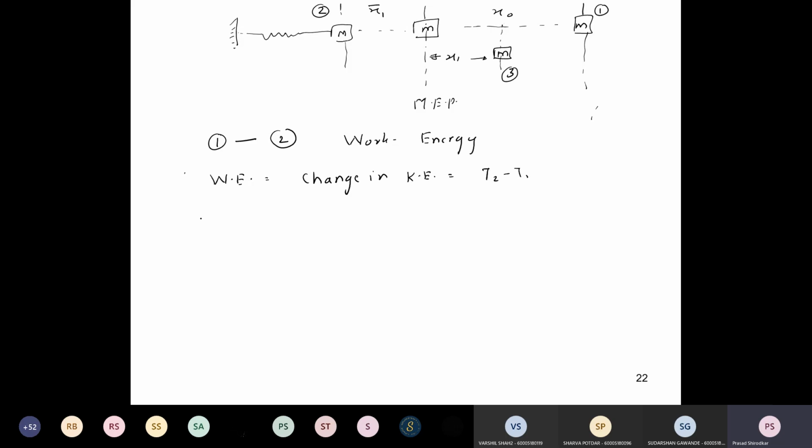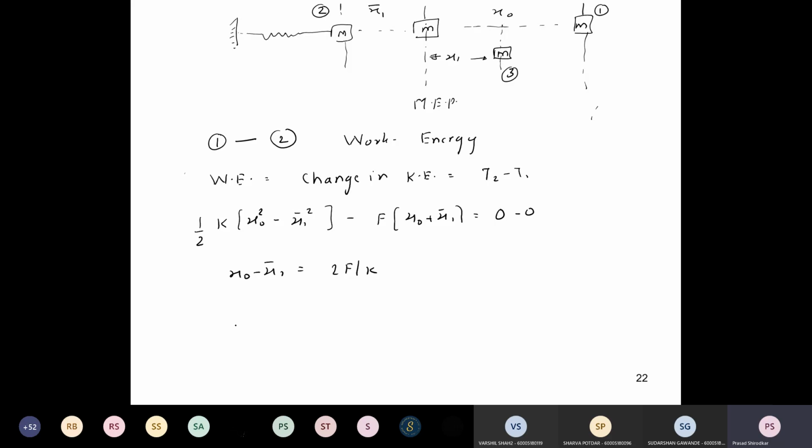So the spring work is half K into (x0 square minus x1 bar square), minus F, the frictional force, into (x0 plus x1 bar), that is the force into displacement. Kinetic energy at T1 and T2 are both equal to 0. If I simplify this, I get x0 minus x1 bar is equal to 2F by K.